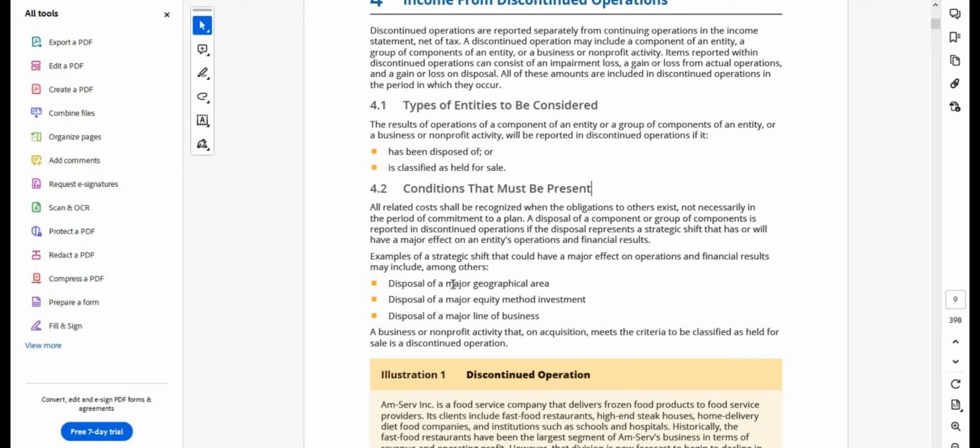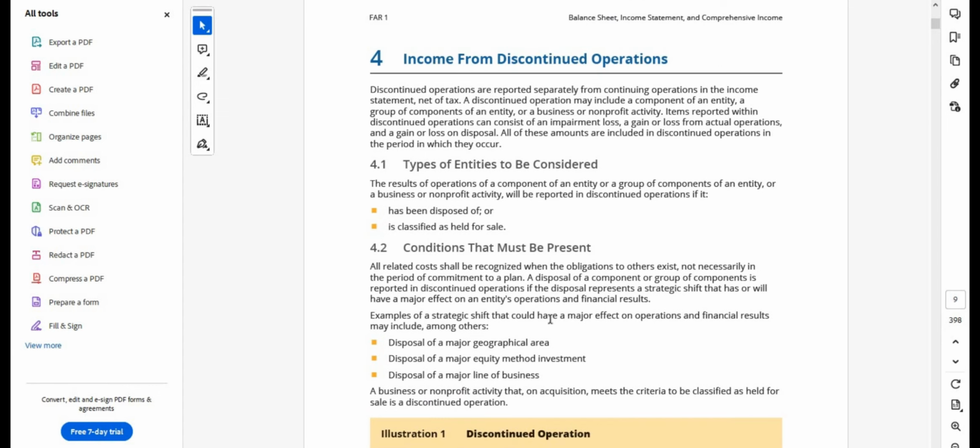For example, if in India a major portion has been sold off by the company in a specific geographical location, or a major equity investment has been disposed of, or there is a disposal of a major line of business, a business has closed some of its main operations, then we must consider that the business is going to dispose in the near future.